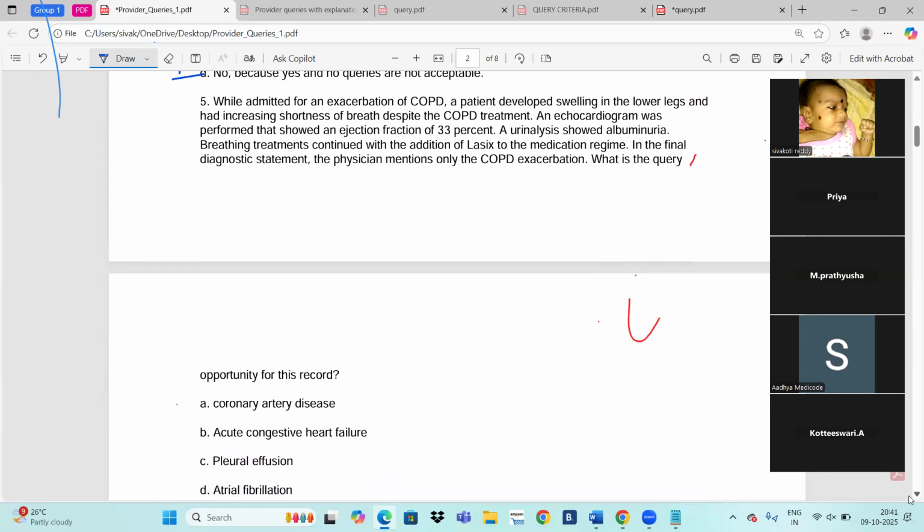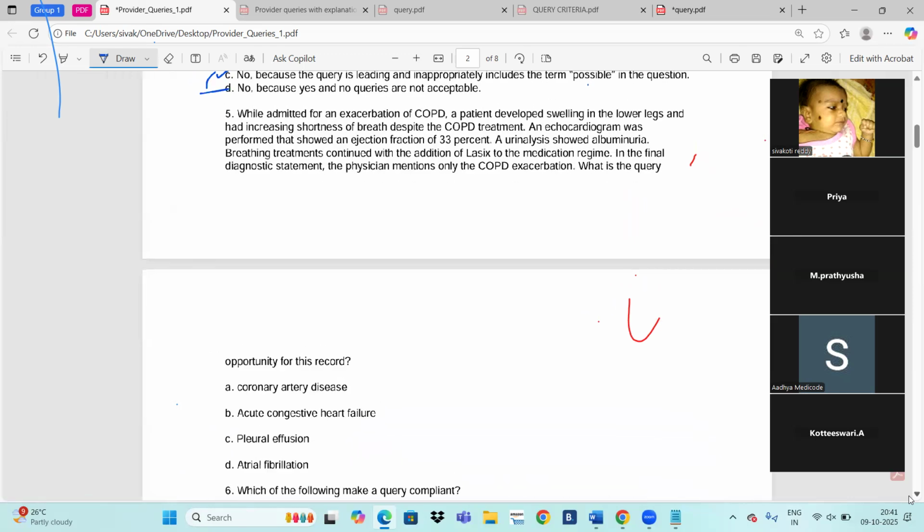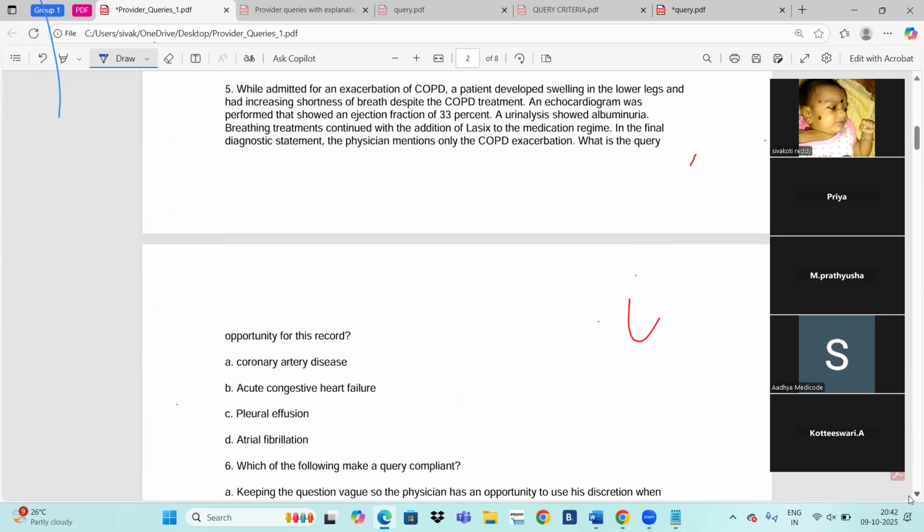Now identify the diagnosis based on the clinical indicators.